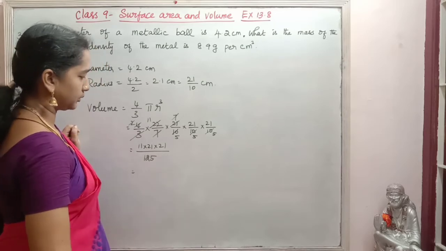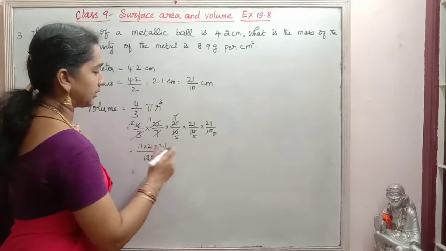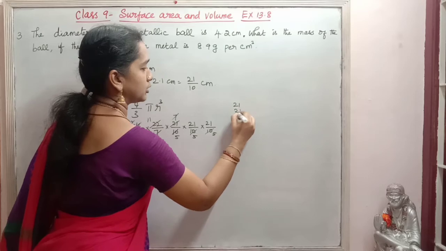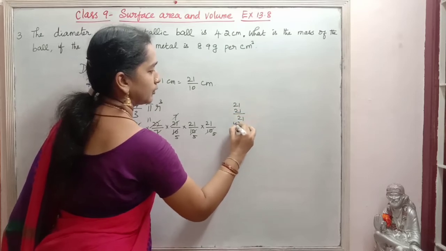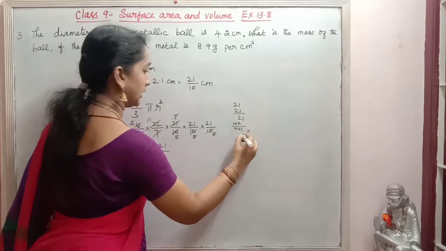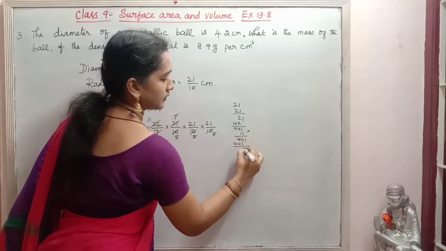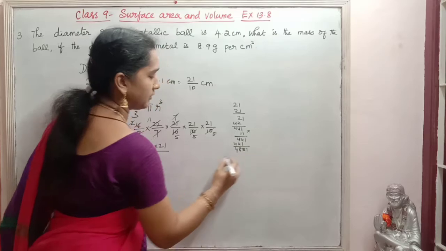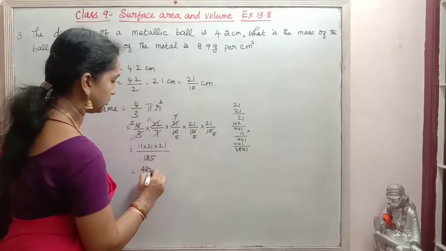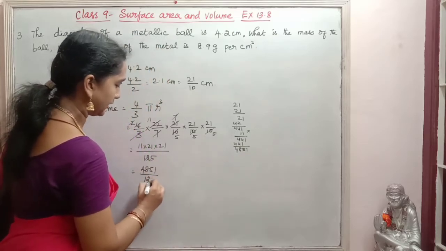That is equal to 11 into 21 into 21. So 21 into 21 is 441 into 11. So 441, 441, 4851 divided by 125.